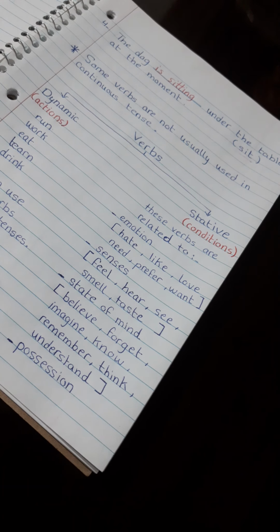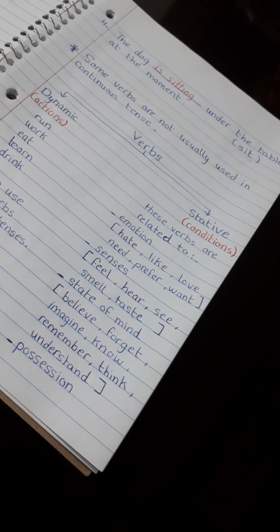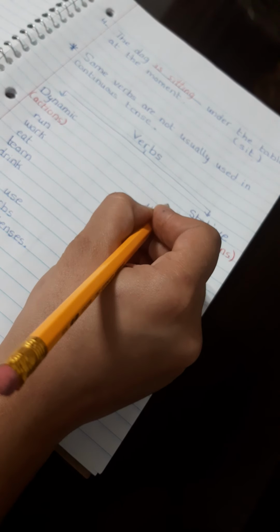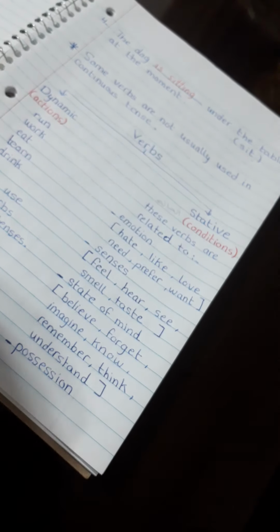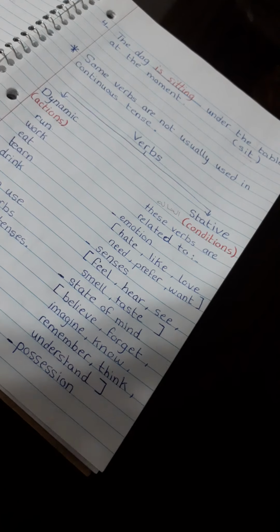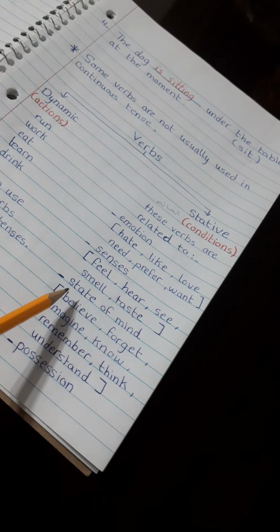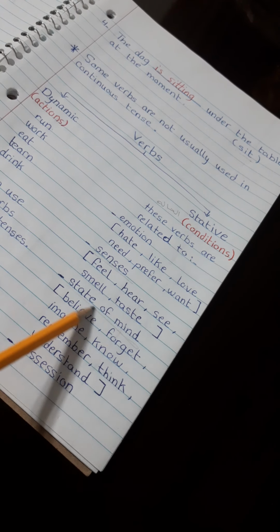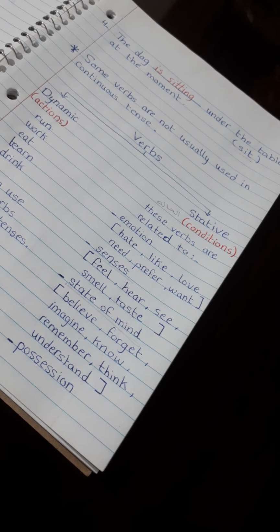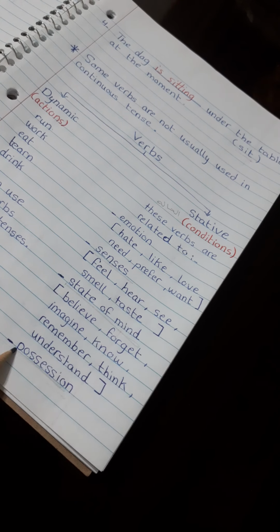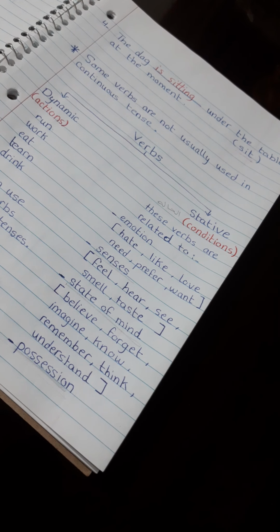The stative verbs هم الأفعال that are related to conditions. شو يعني conditions؟ conditions يعني الحالة. يعني هو الفعل المرتبط بحالة، ممكن تكون حالة نفسية، ممكن تكون مرتبطة بالسنسز اللي هي الحواس، ممكن تكون مرتبطة بالstate of mind بطريقة التفكير. أوكي. بالposition اللي هي الملكية. تمام.